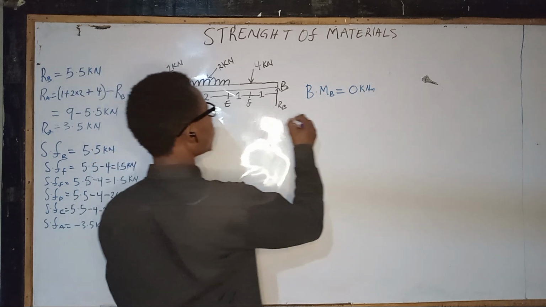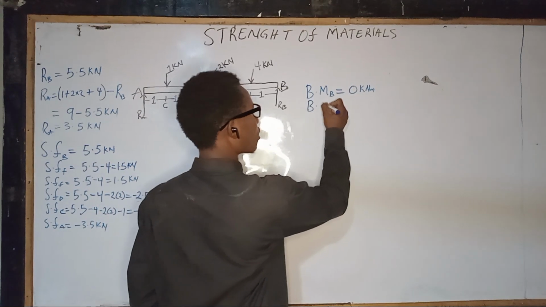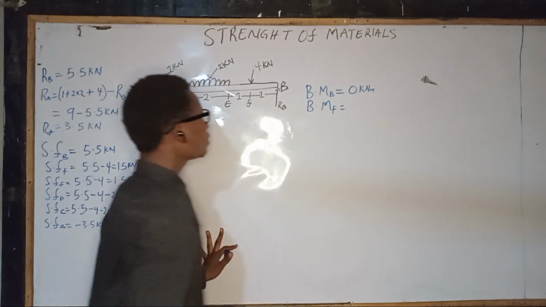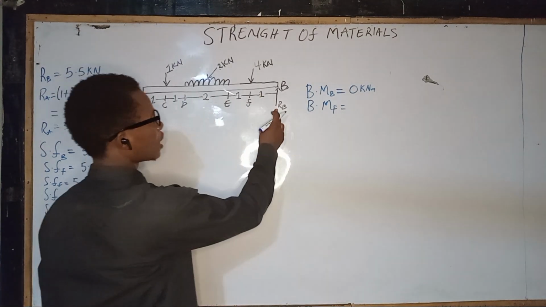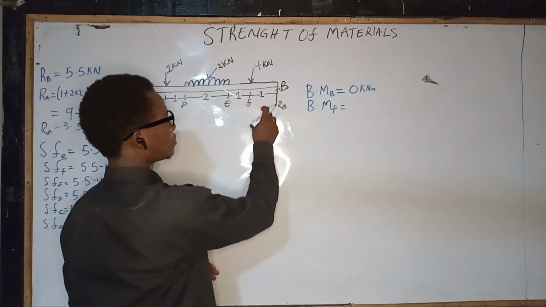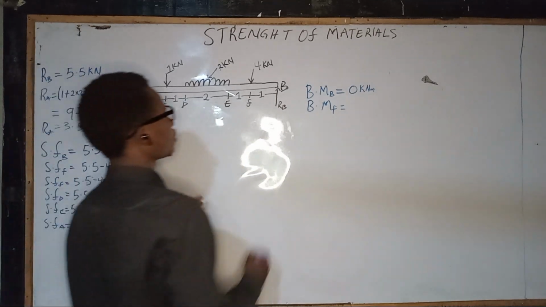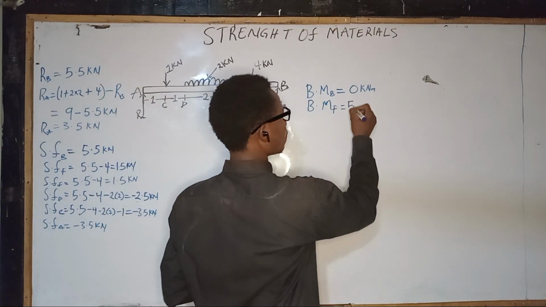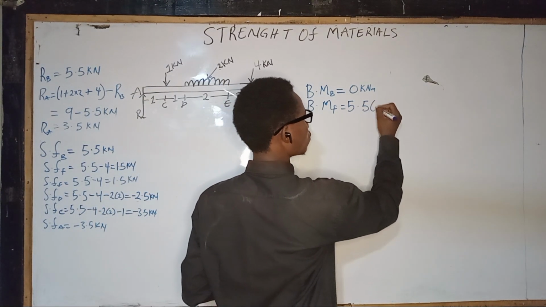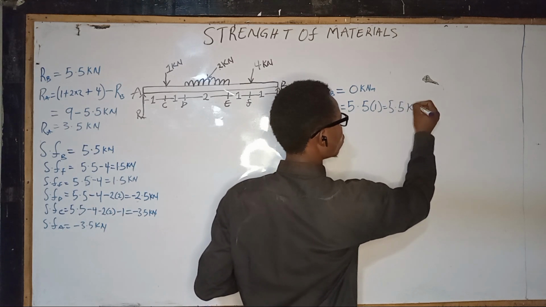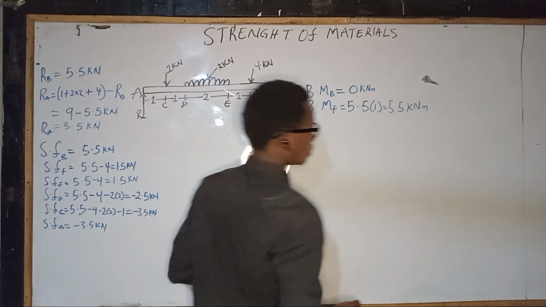So now we have our bending moment at point F. Our bending moment at point F will be our reaction times the distance from that reaction. So our bending moment at F is 5.5 times 1, which is 5.5 kilonewton meter.